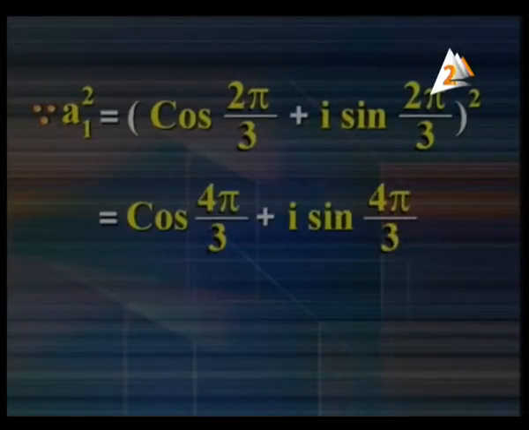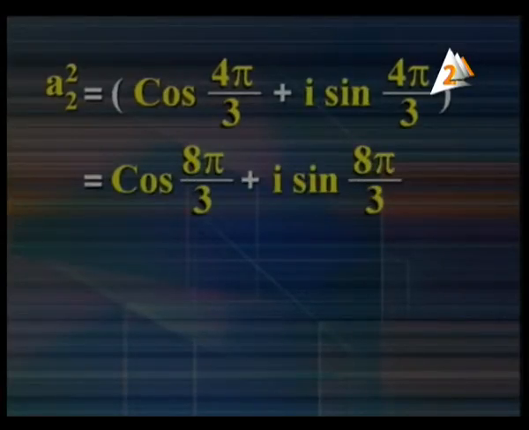Since a1 squared equals cosine 2π over 3 plus i sine 2π over 3, all to the power 2. By using the theorem, then a1 squared becomes cosine 4π over 3 plus i sine 4π over 3, which equals a2.